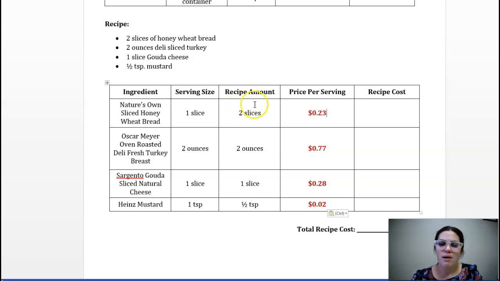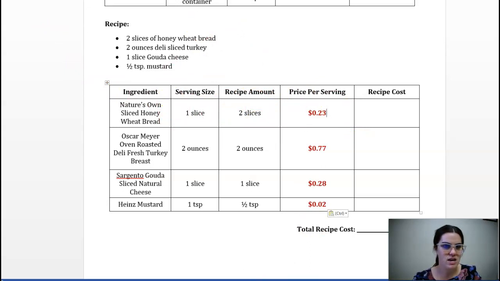So we're going to talk about how you price the actual recipe rather than the serving price. What we're going to do is find factors for these.